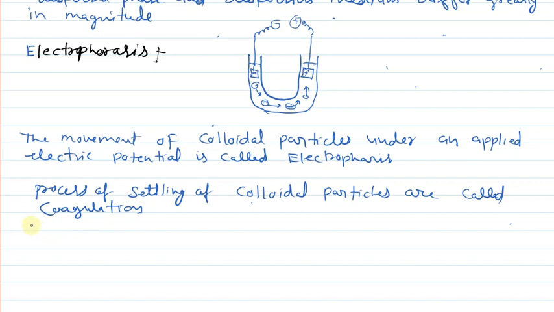Coagulation can be done by number one, by adding electrolyte. Number two, by boiling.